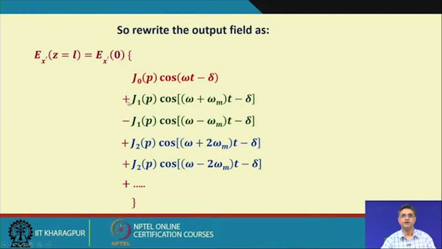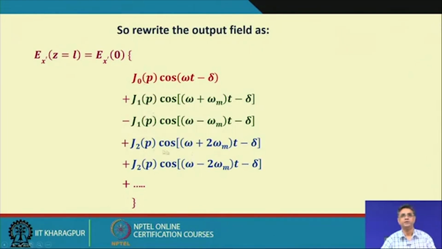but it also contains J 1 at omega plus omega m, the modulating frequency. The modulating frequency has got into this fundamental frequency, the original frequency. So, this is the sum of the frequency of the light plus the modulating frequency. This is the difference; they are associated with J 1.